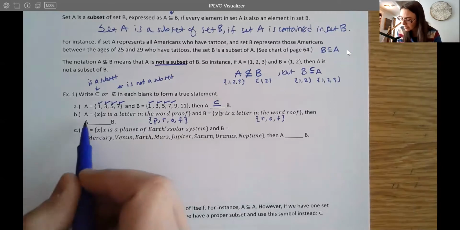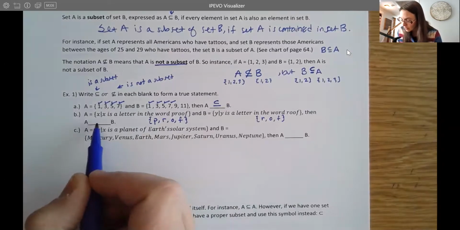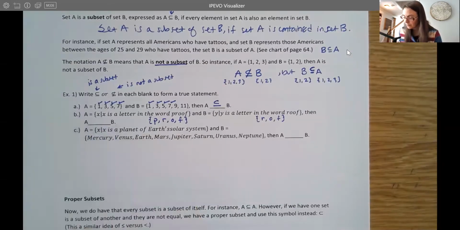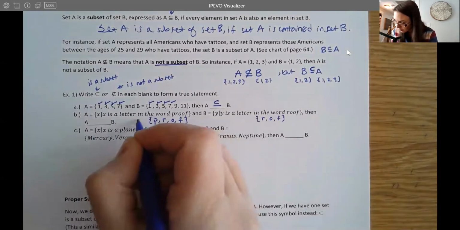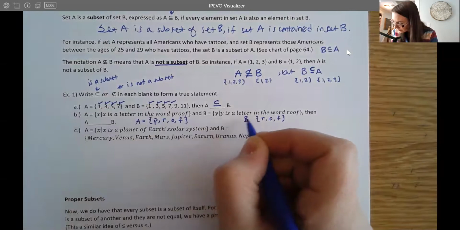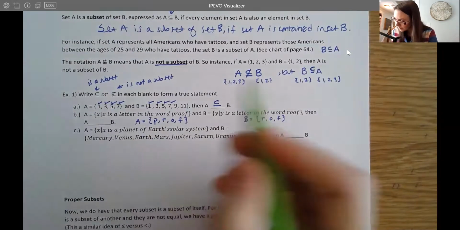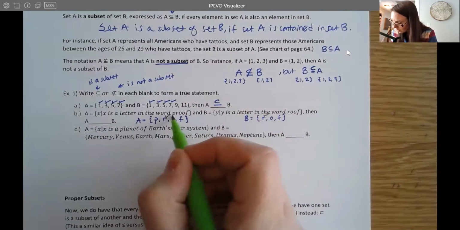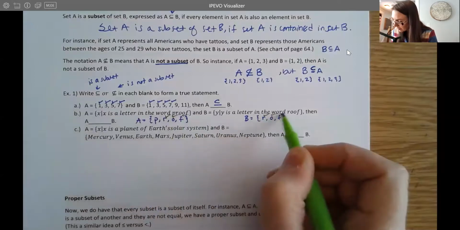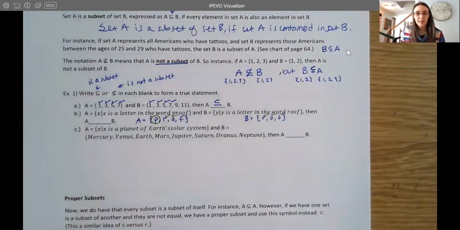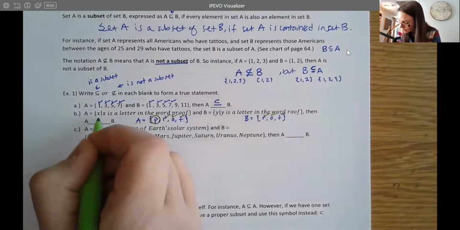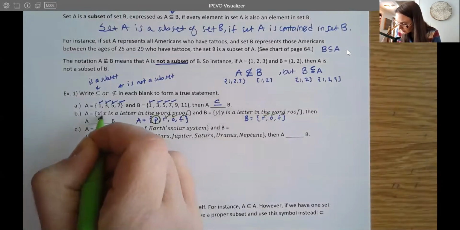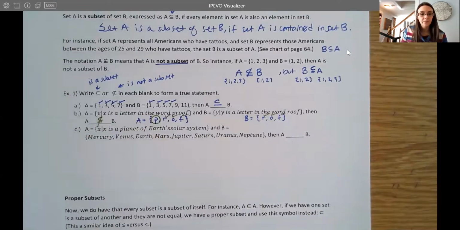So I'm just using roster notation to make this a little easier to see. So we want to know, is A a subset of B? So let's see, are they all there? Remember, this is A. This is B. So R is there, O is there, and F is there, but A contains P, and that's not in B. So this is not a subset.